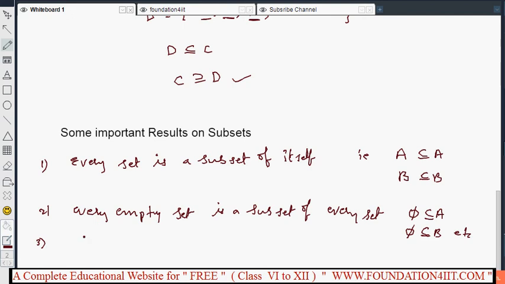Third property: if A is a subset of B, and B is a subset of C, then we can write A is a subset of C also.